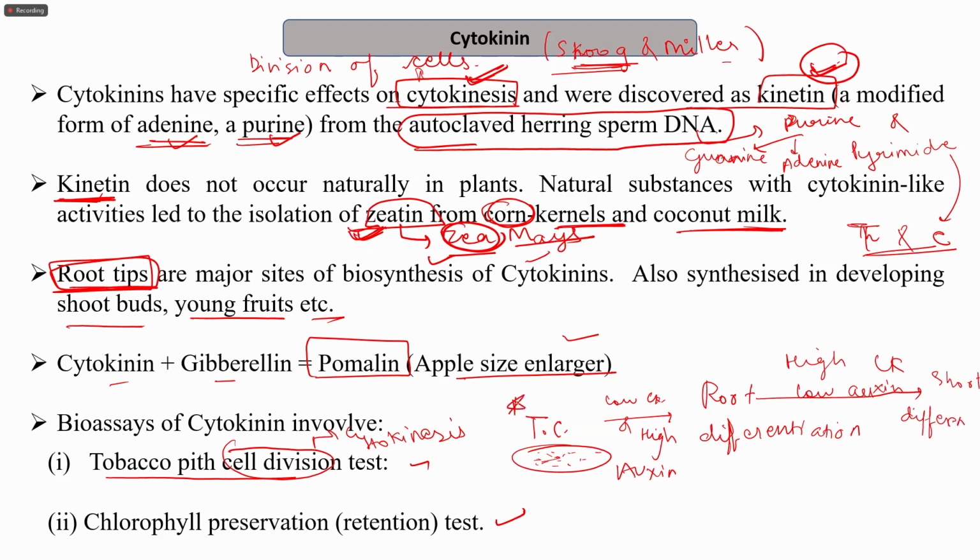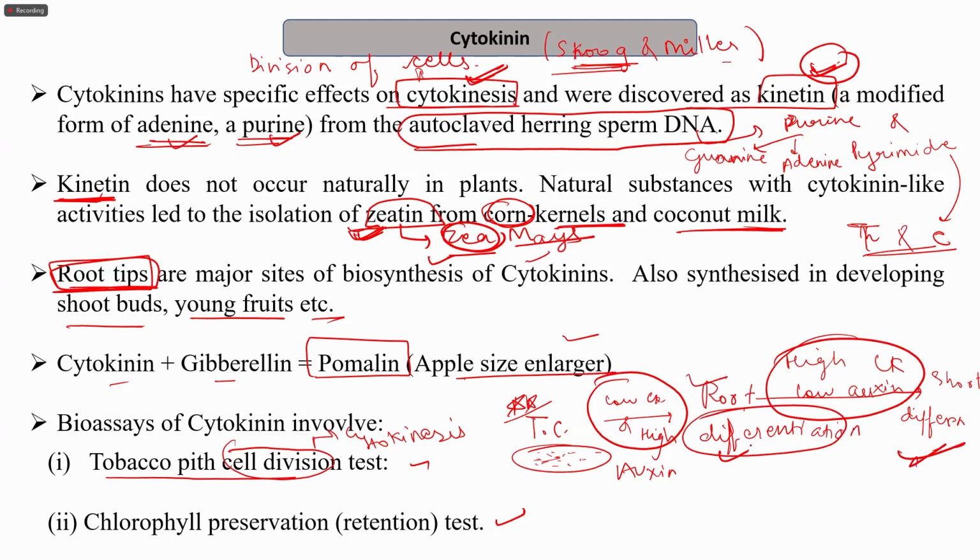So this is important. Low cytokinin and high auxin, root differentiation. High cytokinin, low auxin, shoot differentiation. So more of the differentiated roots are produced and root elongation stops.